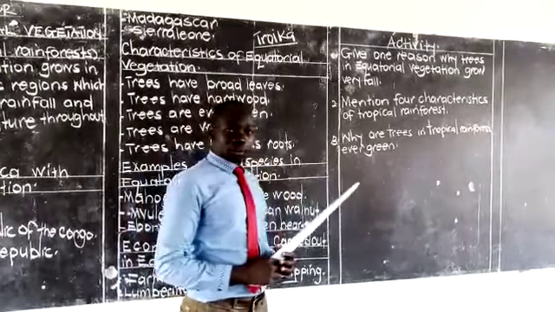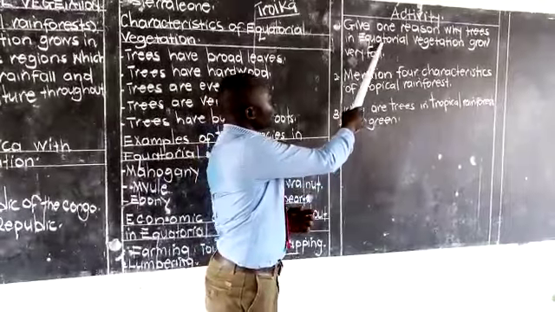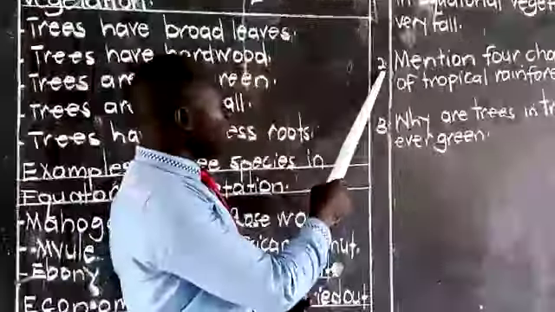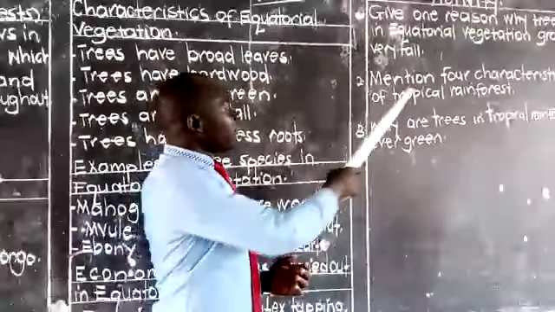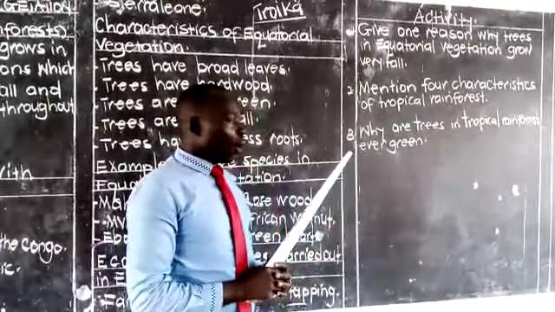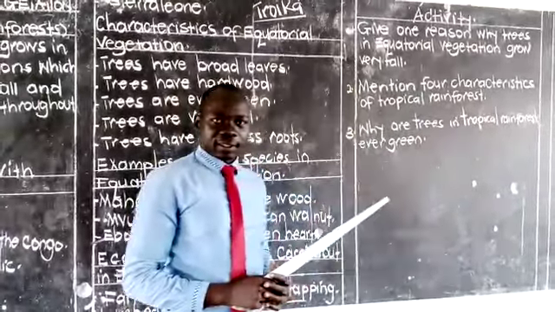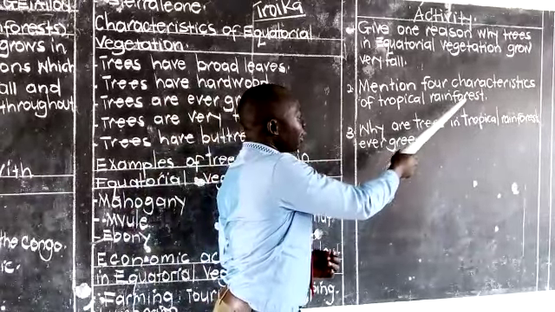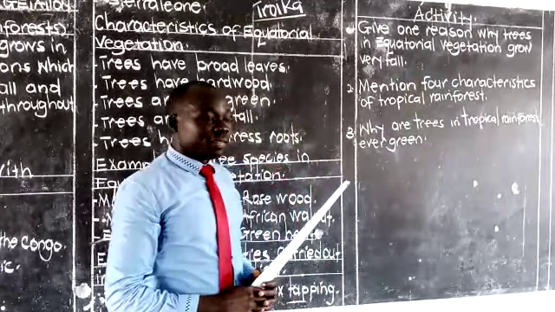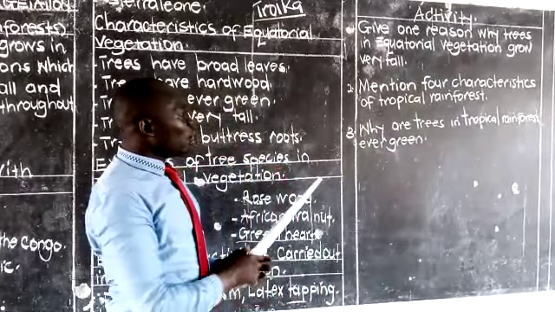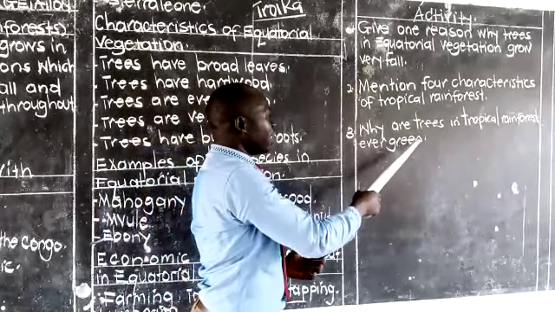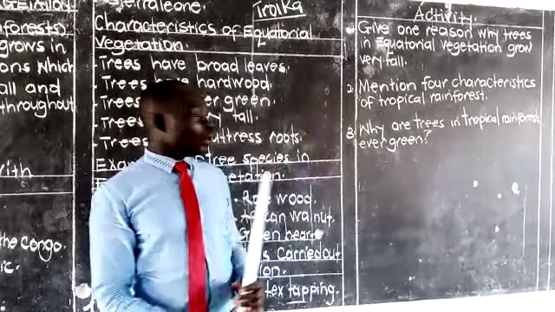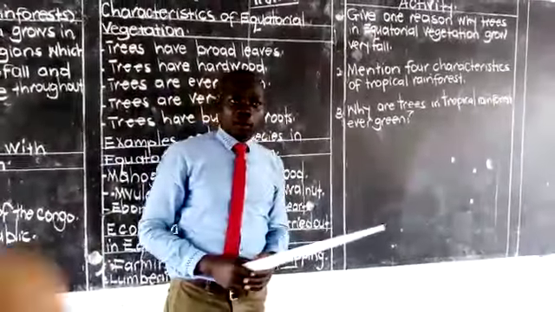Our second question is: give 4 characteristics of tropical rainforest. Then the last activity for you is: why are trees in tropical rainforest evergreen? So those are the 3 activities for you.